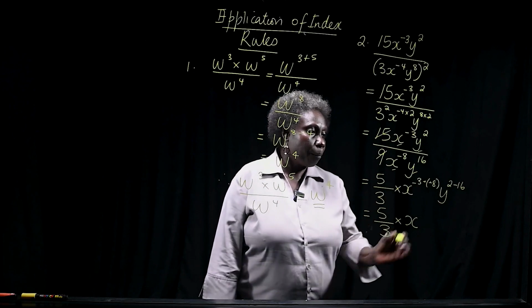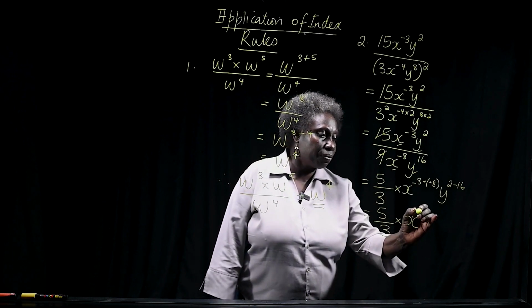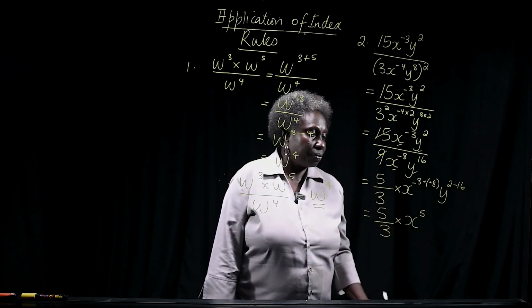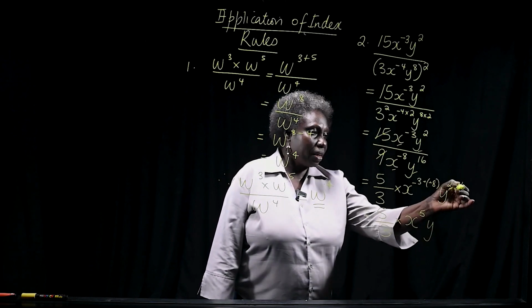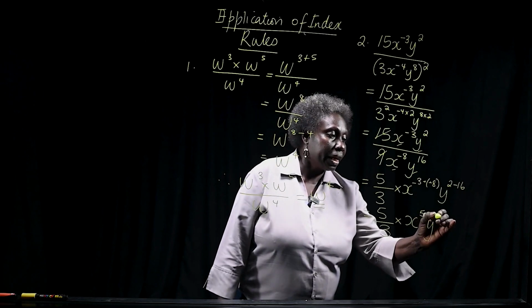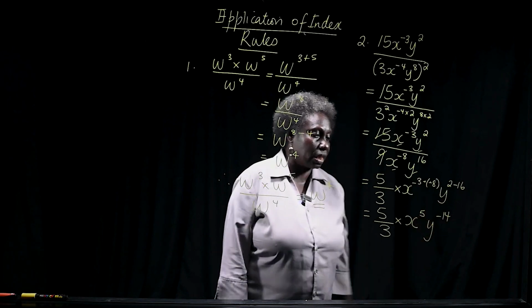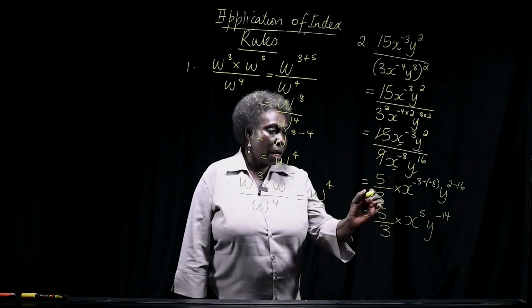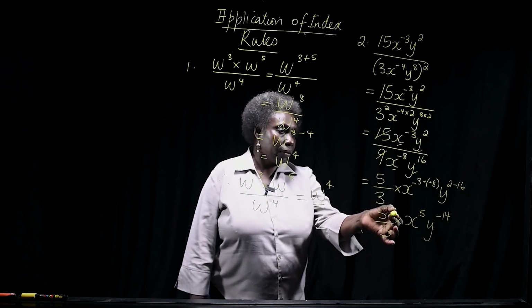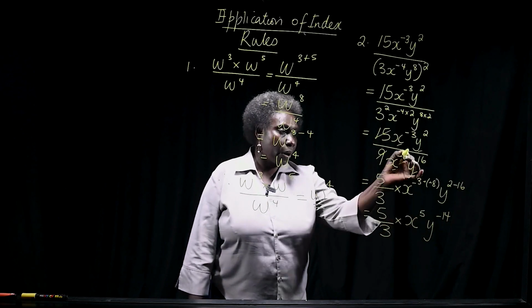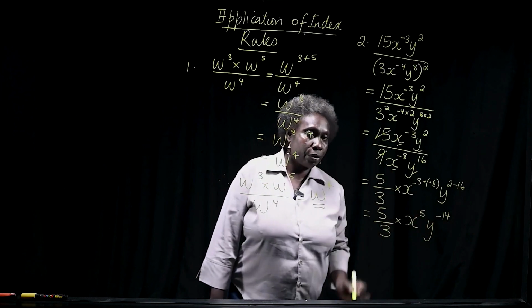Negative 3 plus 8 will be positive 5, times y. 2 minus 16 will be negative 14. So now I have 5 on 3 times x to the power of 5, y to the power of negative 14.